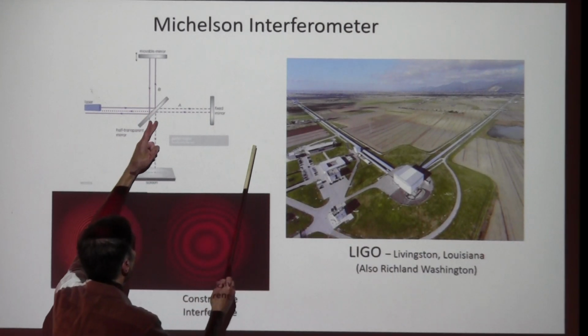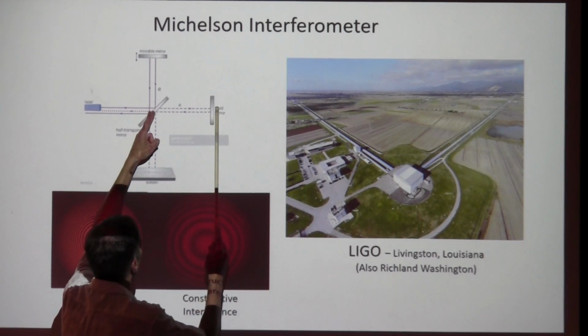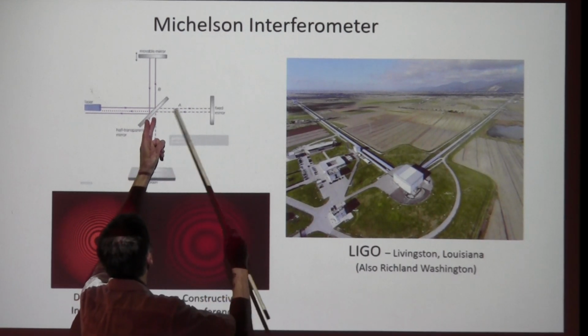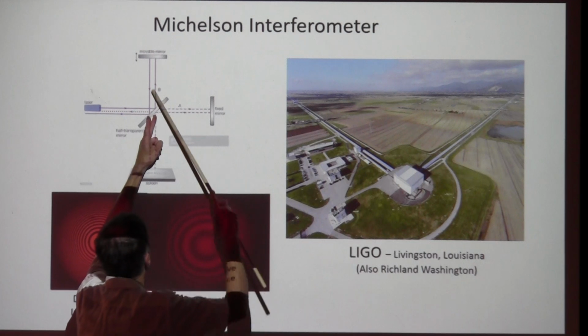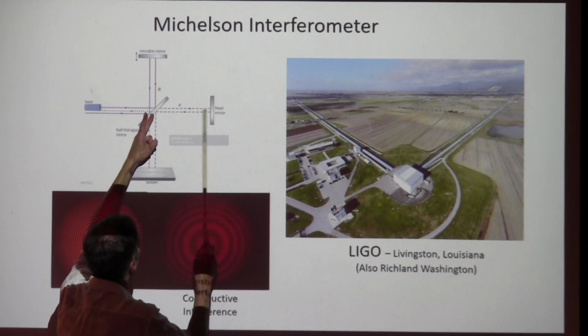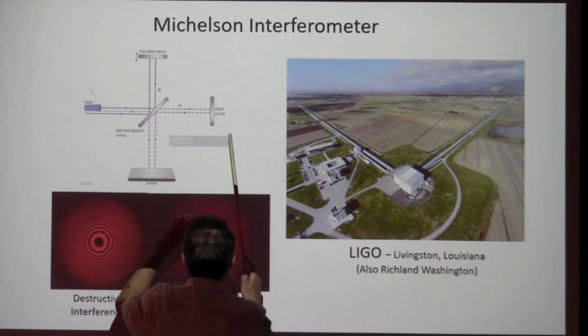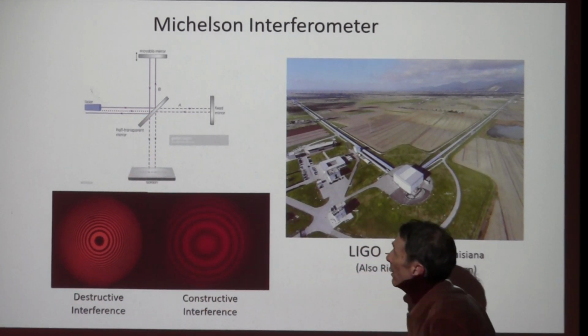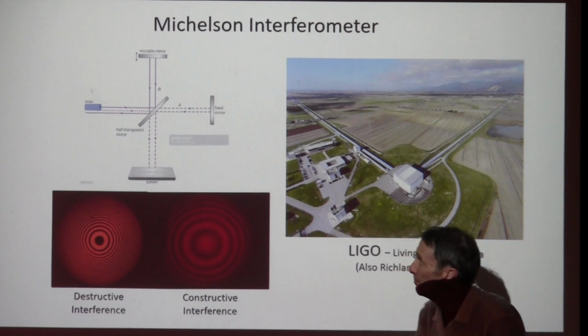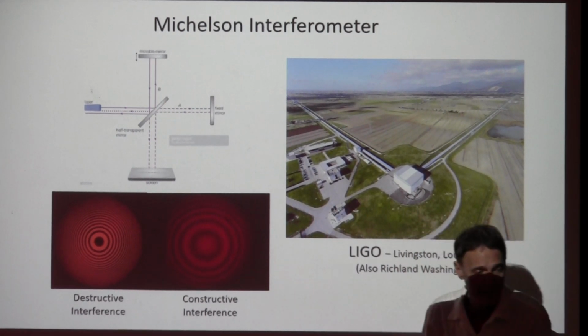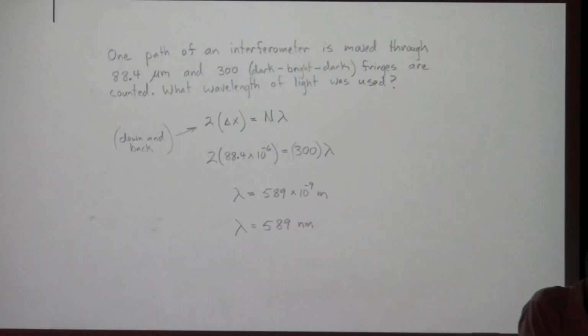So we're coming back to that idea. This part is in common with what we've had. There's one path that's different here, that it goes up, and this one comes over here. So these two paths could be different lengths. What is the path difference between them?